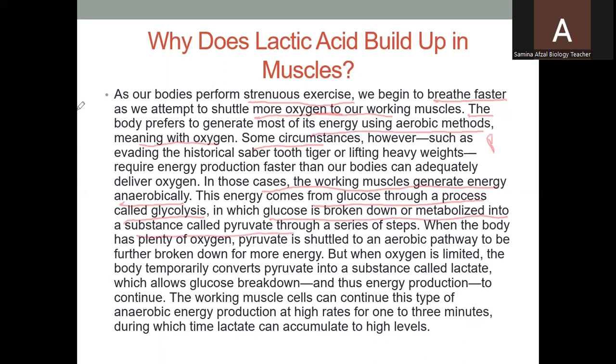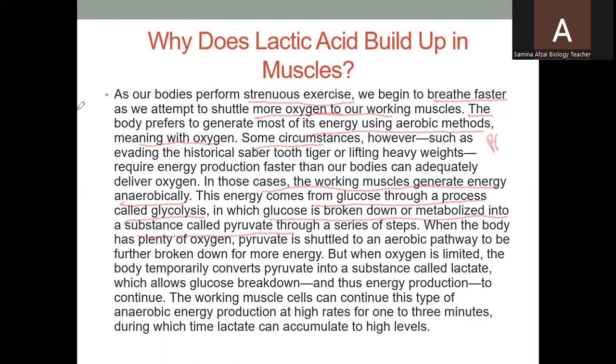Pyruvate is the end product of glycolysis, and then pyruvate will enter the link reaction, and from the link reaction it will enter the Krebs cycle, and at the end there will be the formation of water molecules and carbon dioxide.